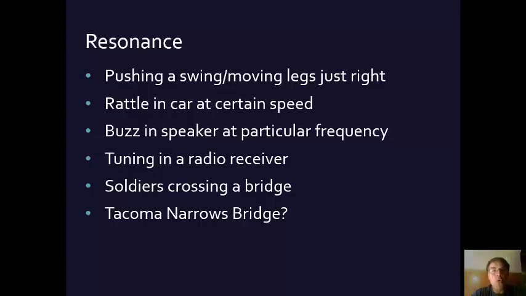So resonance is something we experience, and it has to do with when the external driving frequency coincides with the natural angular frequency.